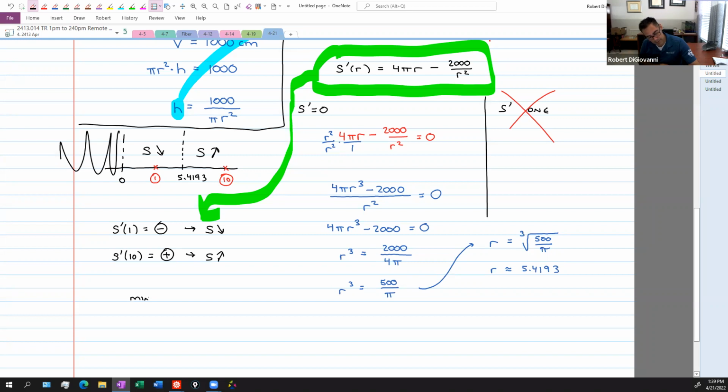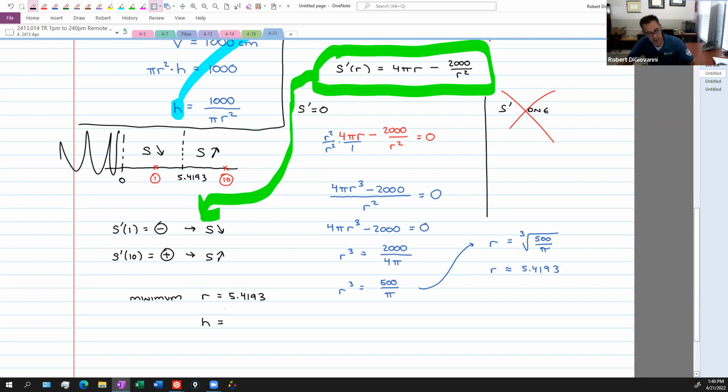So minimum when r equals 5.4193. So tell me what h is then. Because right now you've told me to get the minimum surface area, your radius has to be 5.4193. But then what would the height of the can be?